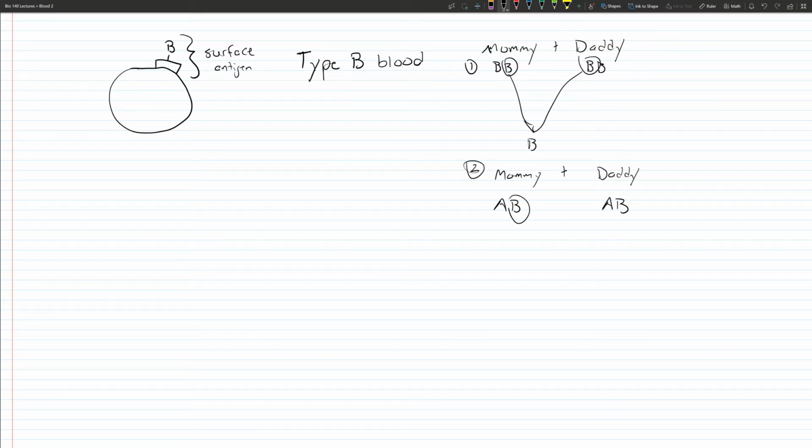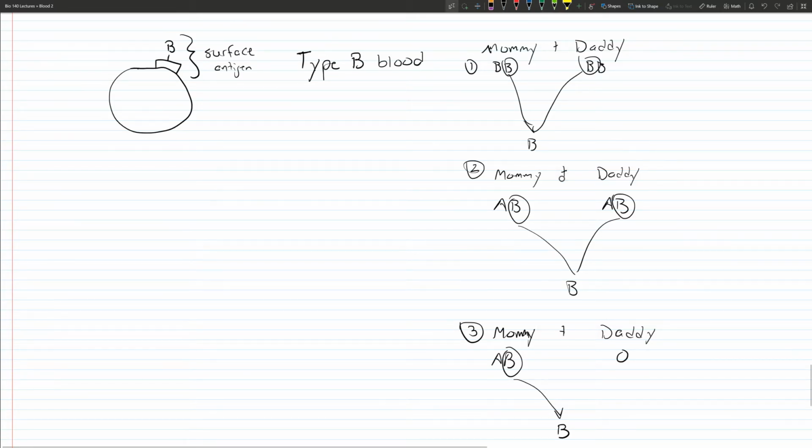That means you get this B and you get this B. It comes down, you are type B. And we get scenario 3, mommy plus daddy. Let's say mommy is AB and daddy's type O. That means you only get this one from mommy. So this is type B. So that's basically the third scenario. It's a little bit more complex than that, but you get the gist.